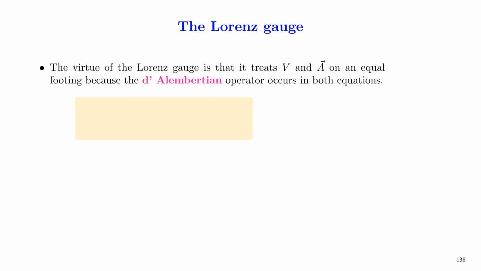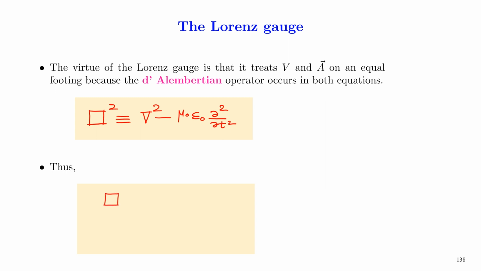Now let us try to rewrite these two equations in terms of the D'Alembertian, box square, equal to del square minus mu 0 epsilon 0 dou square over dou t square. When we do that, we have the equation for the scalar potential, box square V equal to negative 1 over epsilon 0 times rho.